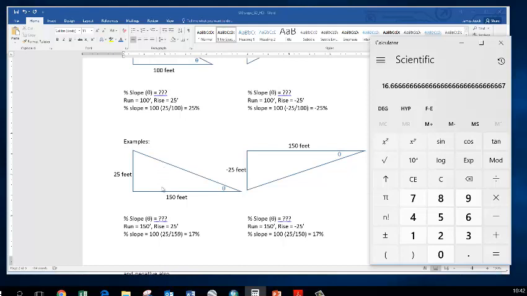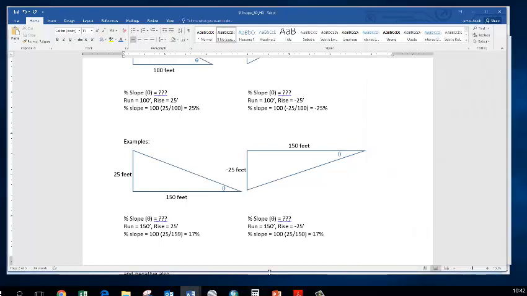So it's not as steep. All right, so the lower the number, the less steep it is. Same case if I'm going downhill. All right, so again, this would be, and I've got a typo in there, I got to fix that. Okay, that would be a minus 17% slope going downhill.